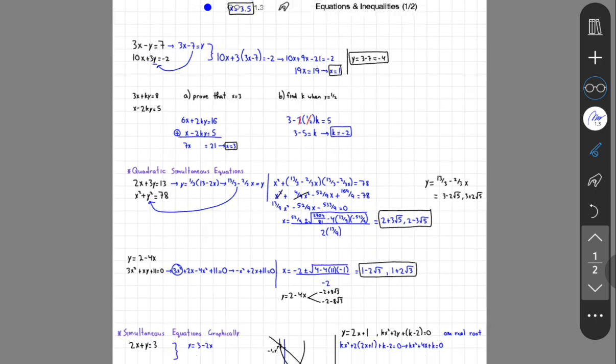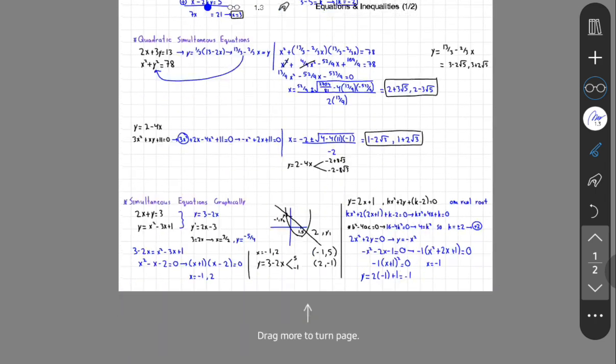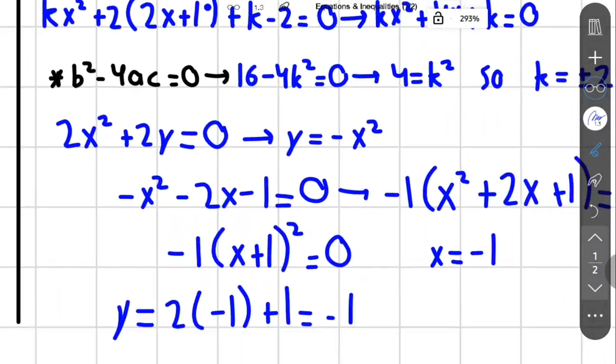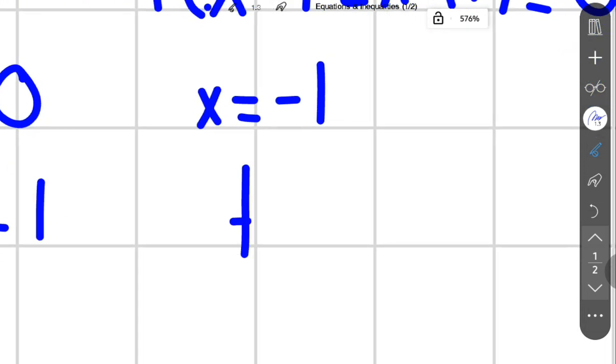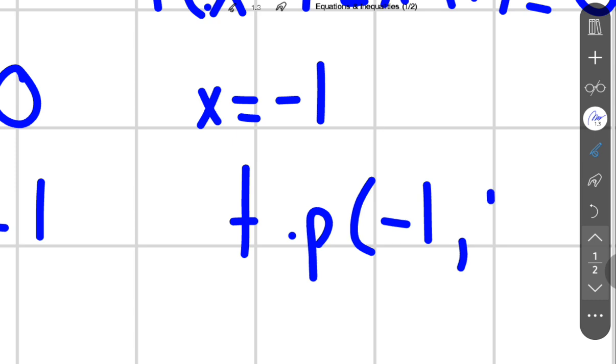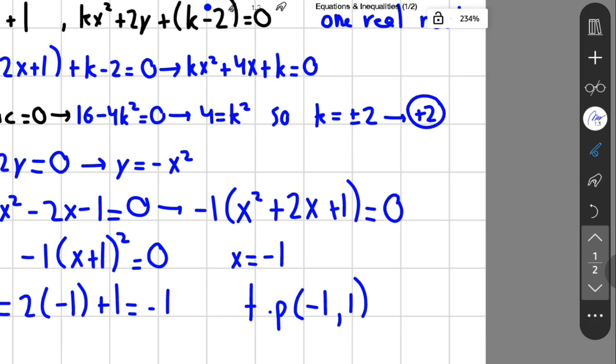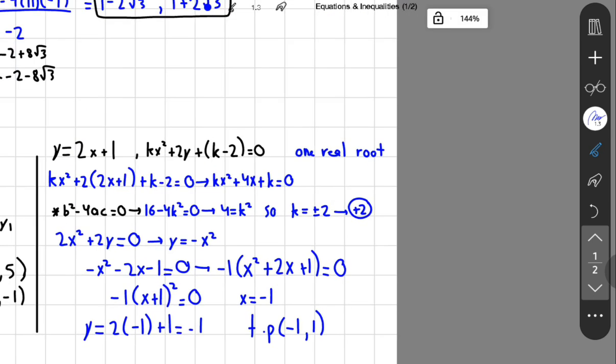Oh, it just brought me to a new page. One second. So we have the turning point as negative 1 and 1. So yeah, that's how you solve it, by substituting and solving simultaneously.